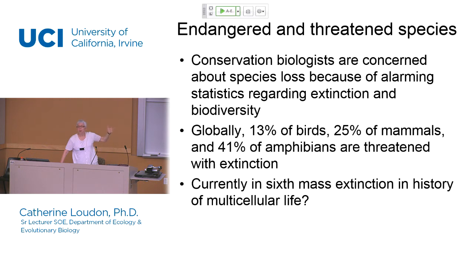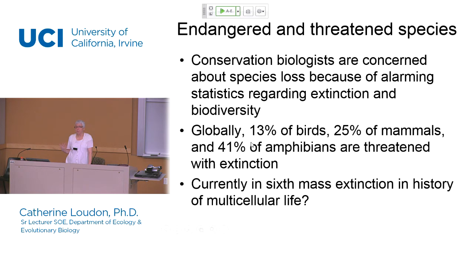As we talked about in the Phanerozoic, you may remember there were 5 major mass extinction events, of which we talked about a couple in more detail. Current rates of extinction are comparable to the rates of extinction in those 5 mass extinction events, which is why many people consider that we're now in a 6th mass extinction event.